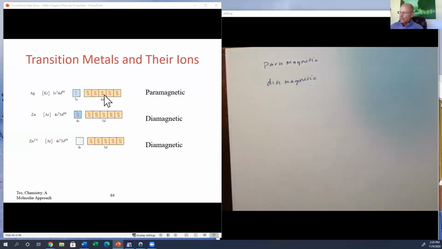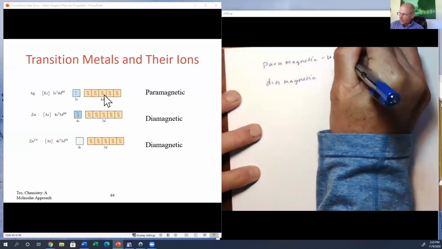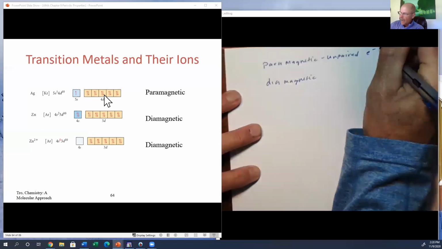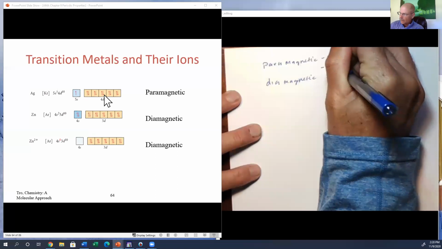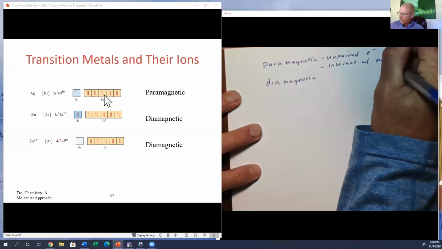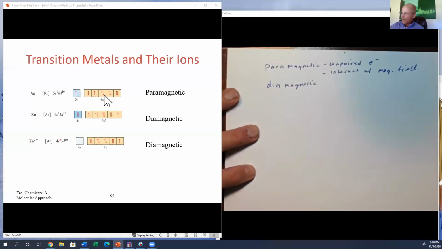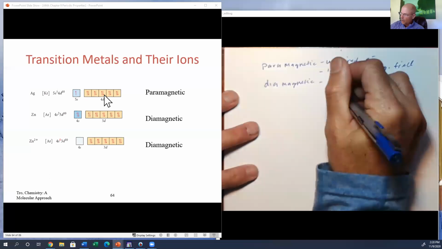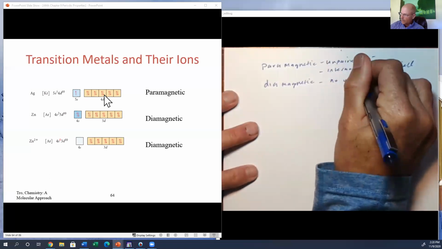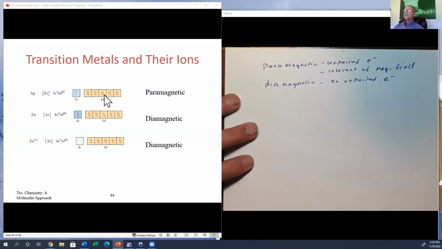A paramagnetic substance means that it has unpaired electrons, and it will interact with a magnetic field. A diamagnetic substance has no unpaired electrons, and it doesn't interact very strongly with a magnetic field.